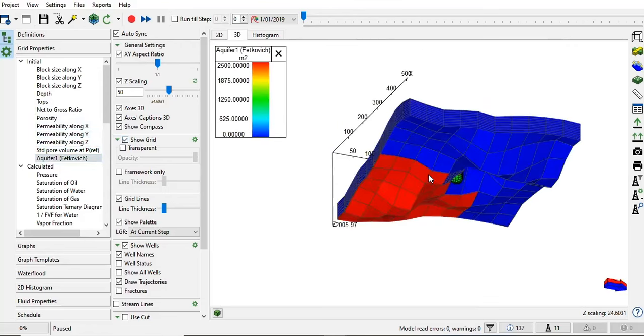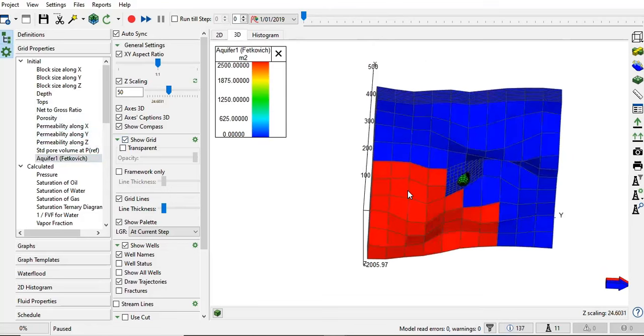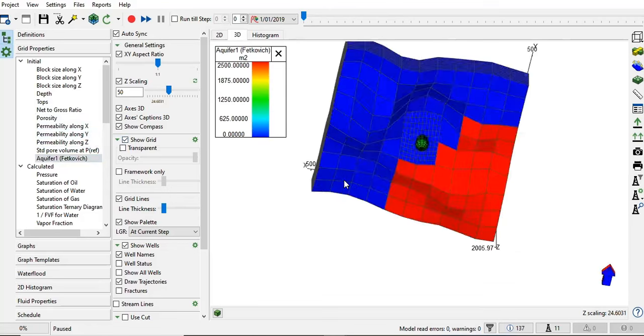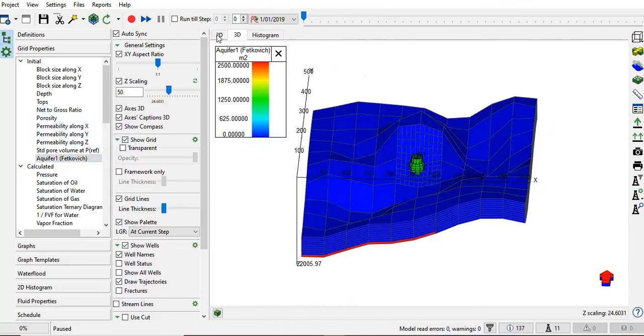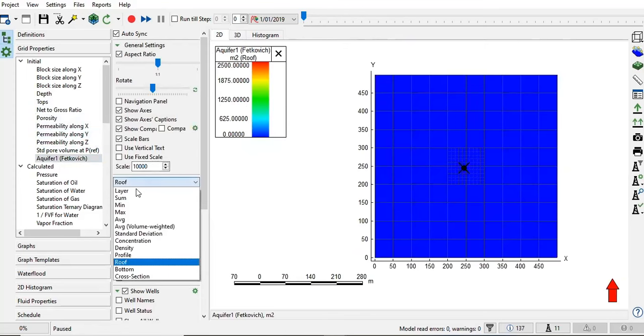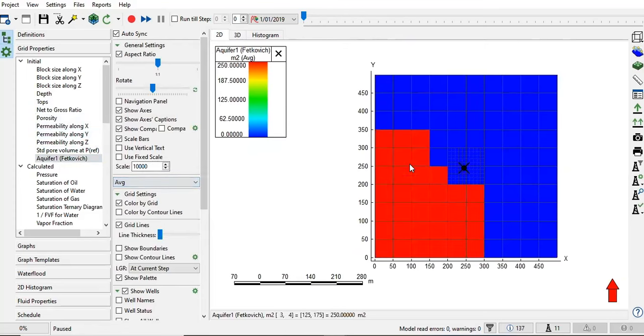Okay, so we have a bottom aquifer, but from the edge, right from that side. And if we go to 2D, can we go to average? You see, so this is the direction from which the aquifer water will encroach into the reservoir.